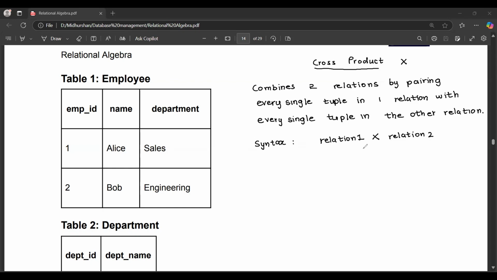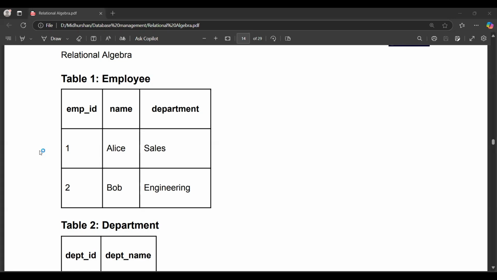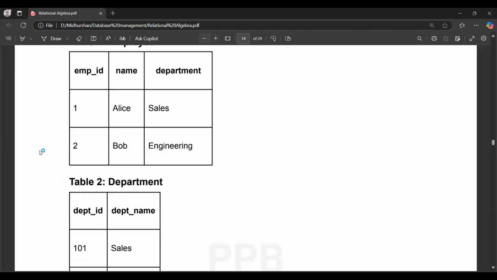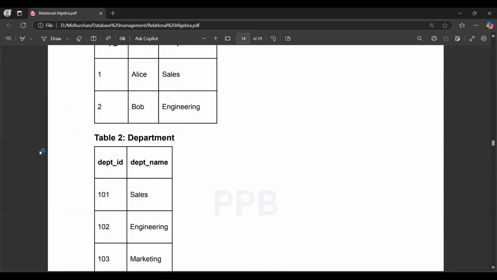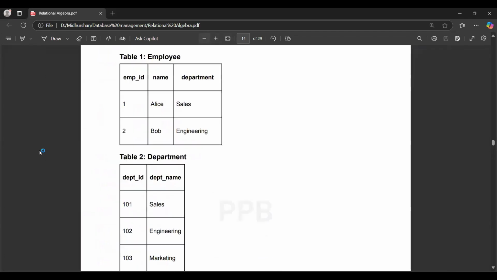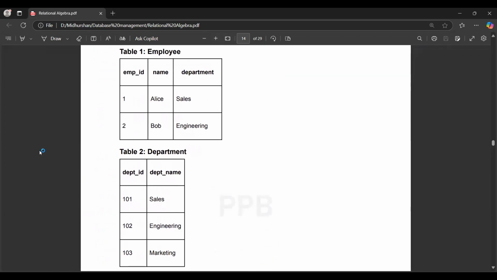Okay, let's see in this case, we have two specific tables, or two relations. If we have to write the query as a cross product query, it will be employee cross product department.